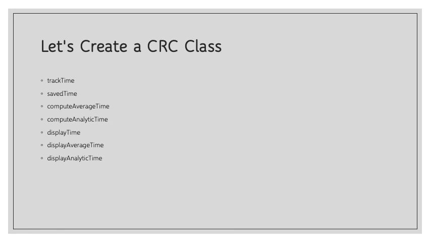The compute analytic time will be able to find the data for that current day and previous days and figure out the recommended time you should be running for that day. Display time would be displaying the time while you're tracking the time, display average time would be displaying the average running time, and display analytic time is displaying the recommended time.